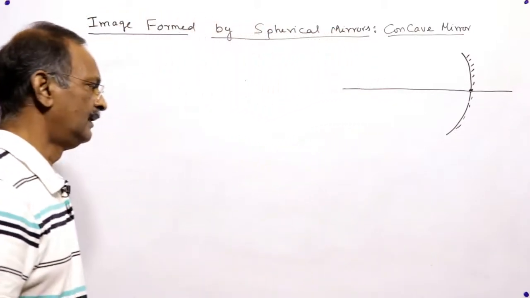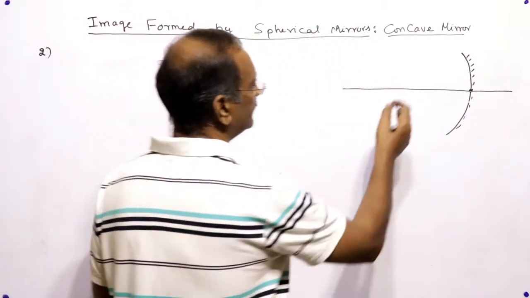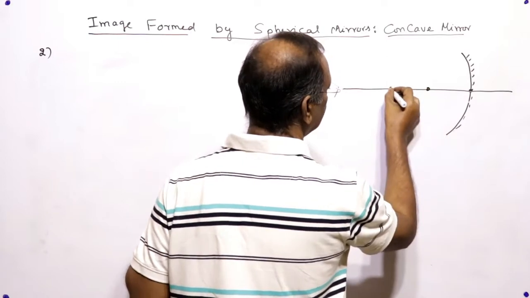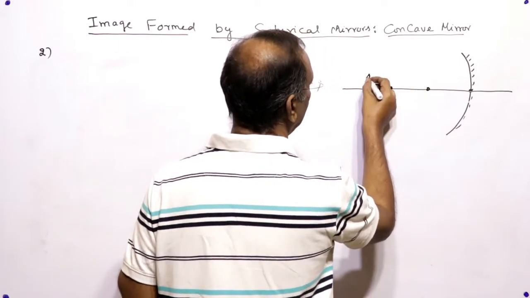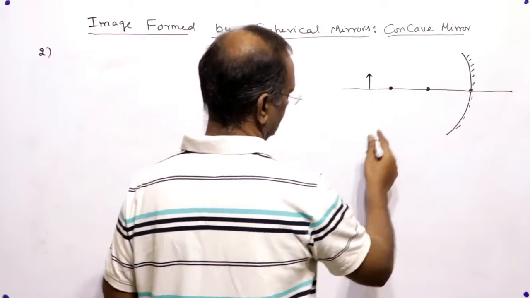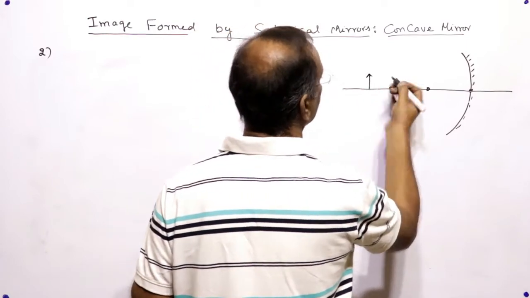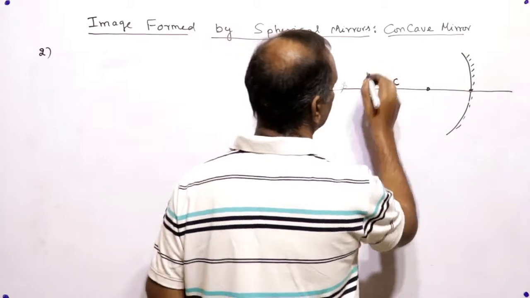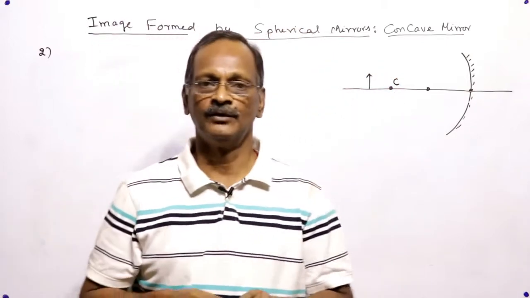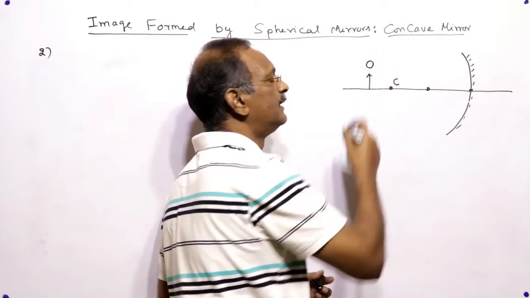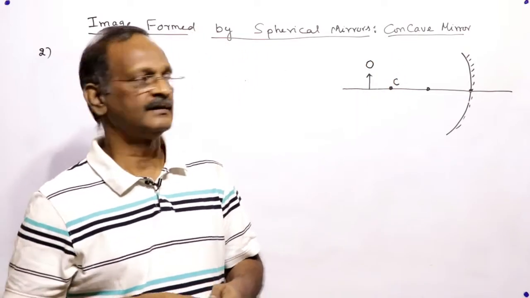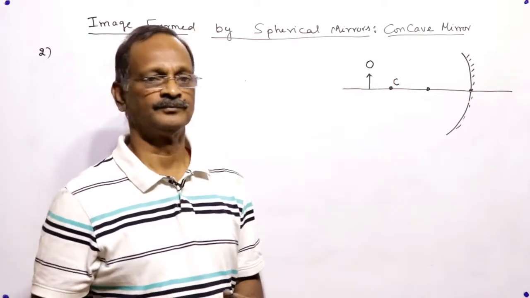This is the focus, this is the center of curvature, and the object is kept beyond C. So we need two rays from the object to trace the image formed by the object.